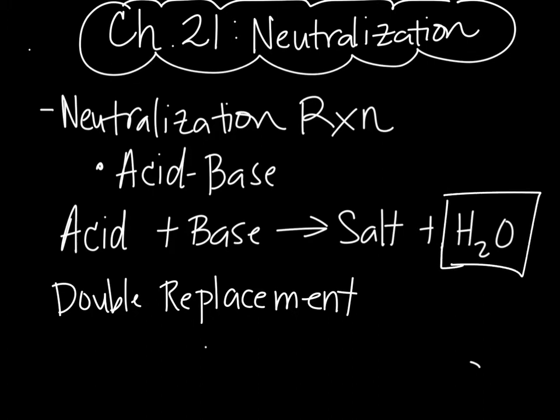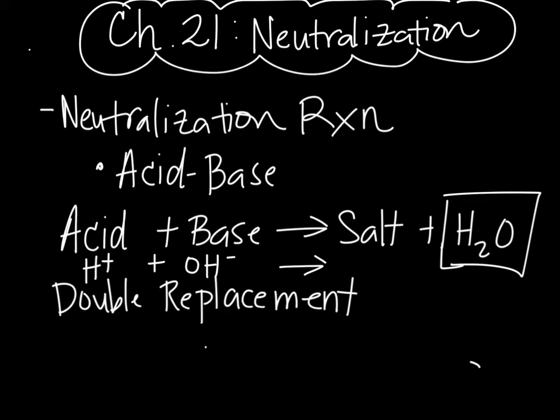When we cross out spectator ions, we're going to be left with only the water being produced: the acid, which is H+, and the base, which is OH-. You can see how that makes H2O. We'll talk more about that as we go over more examples, but that's in general what a neutralization reaction is.